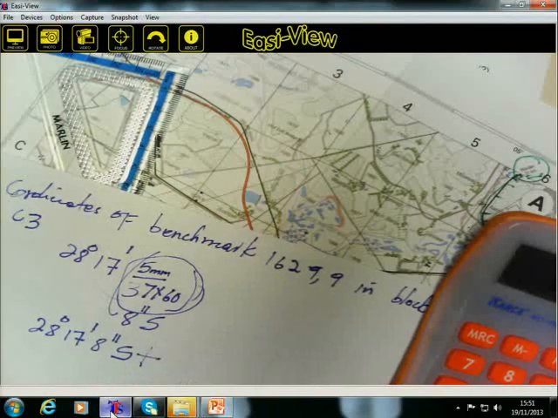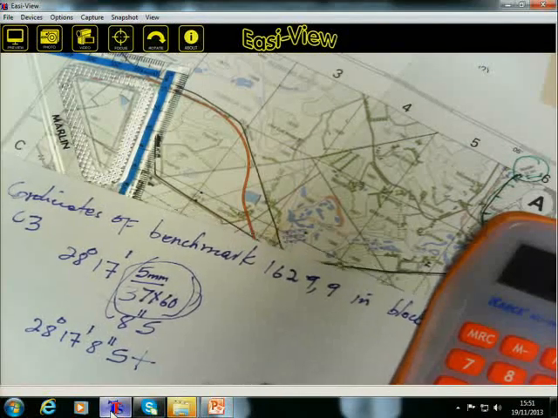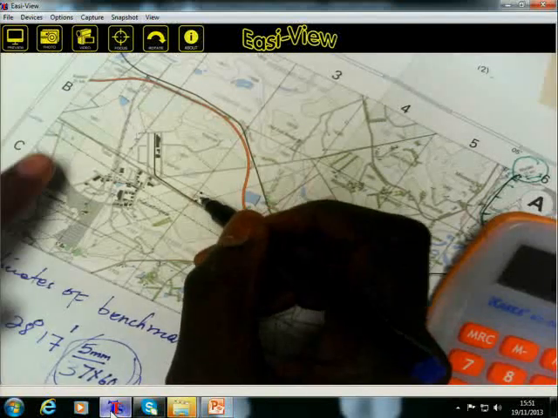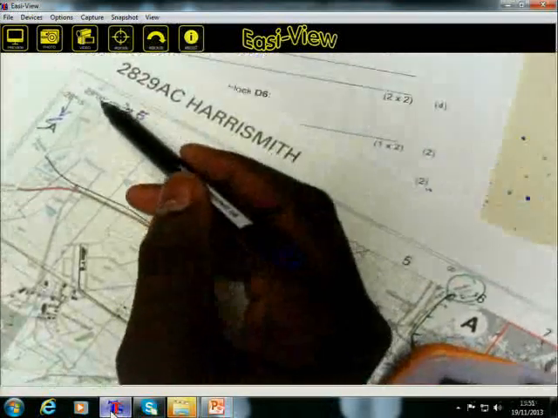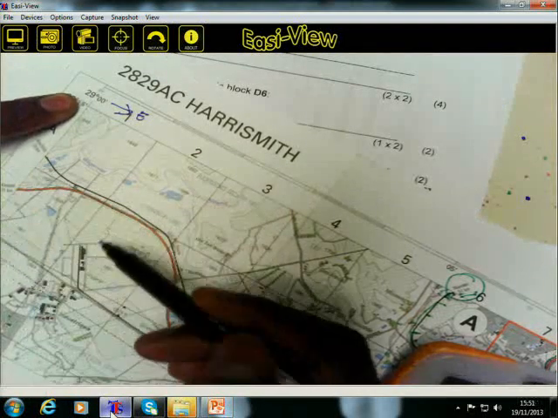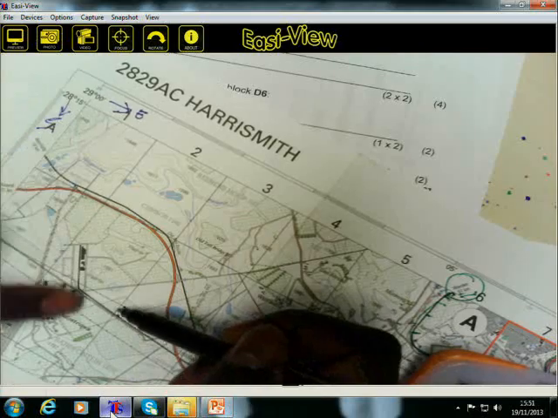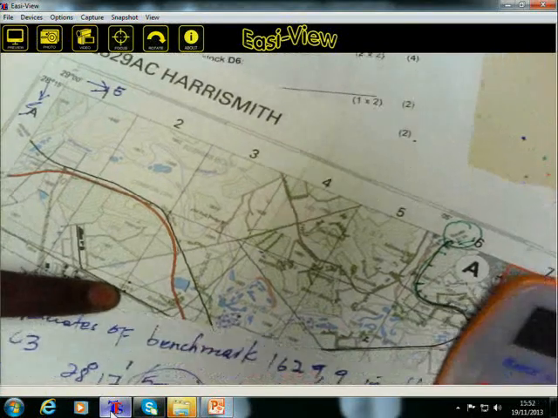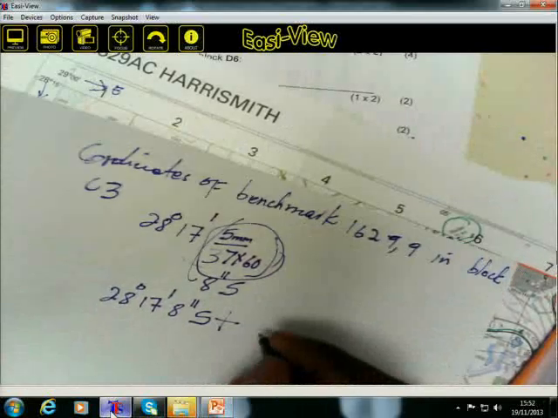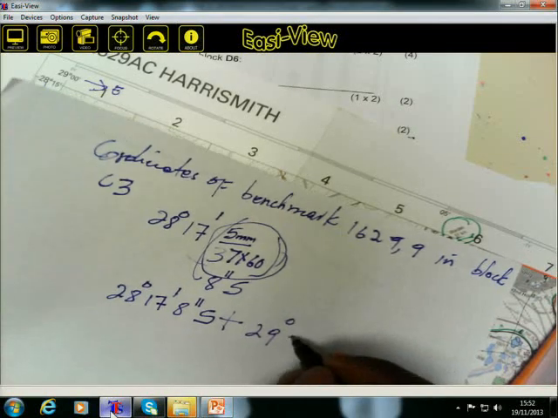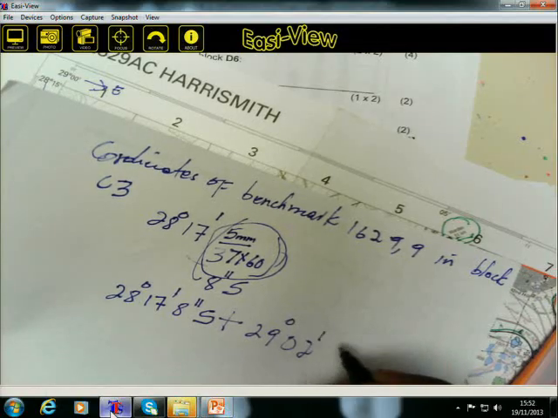That is the latitude. Now we must move to the longitude of the very same benchmark. Now we must start from 29 degrees 02 minutes.